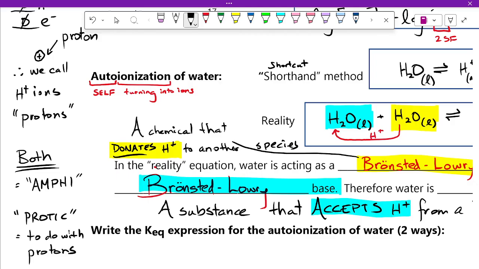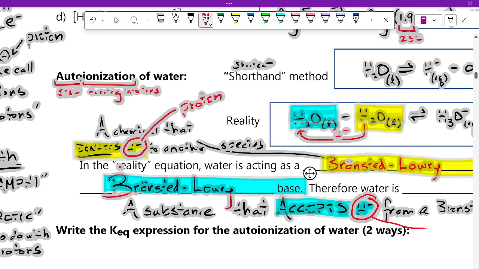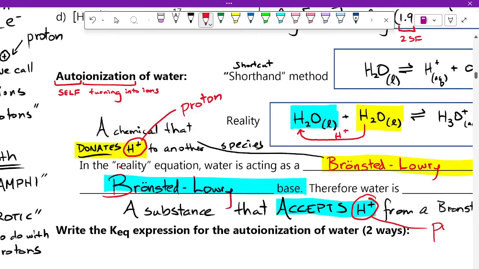So now let's remember, a Bronsted-Lowry acid donates H+, which is a proton, to another species, and water also accepts a proton from a Bronsted-Lowry acid. So water can do both.